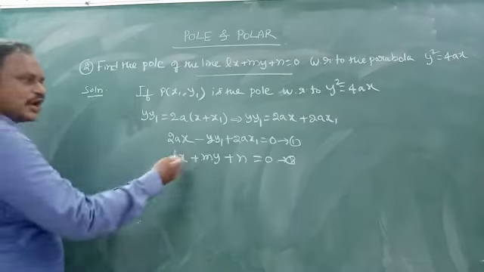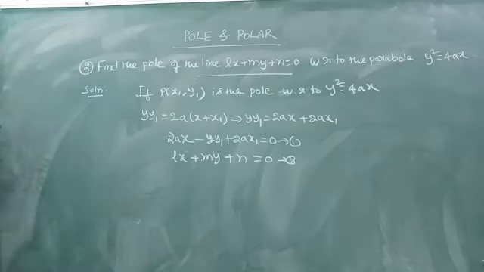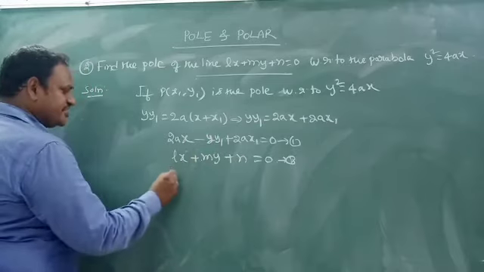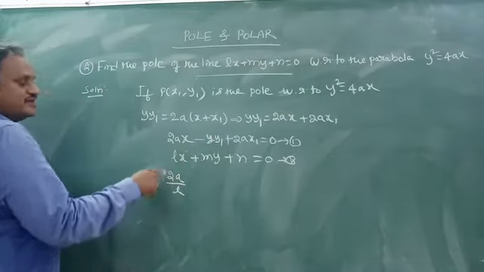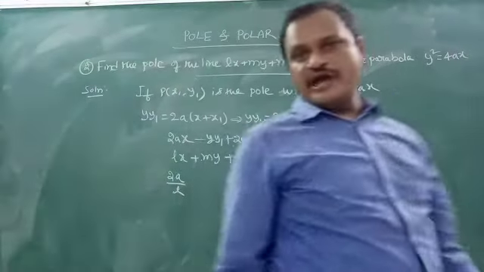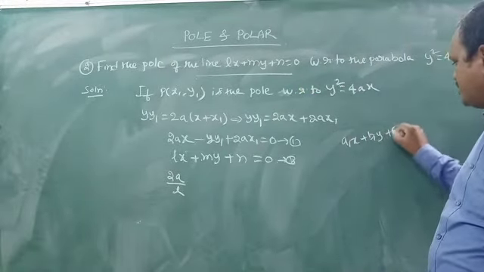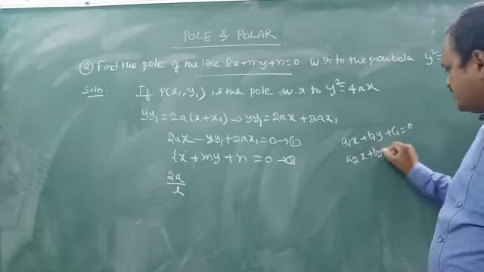Now let us try to solve by the cross rule method, my dear students. Because they represent the same straight line, once two straight lines are identical, their coefficients are proportional. Suppose we have two lines, a1x plus b1y plus c1 equal to 0 and a2x plus b2y plus c2 equal to 0.